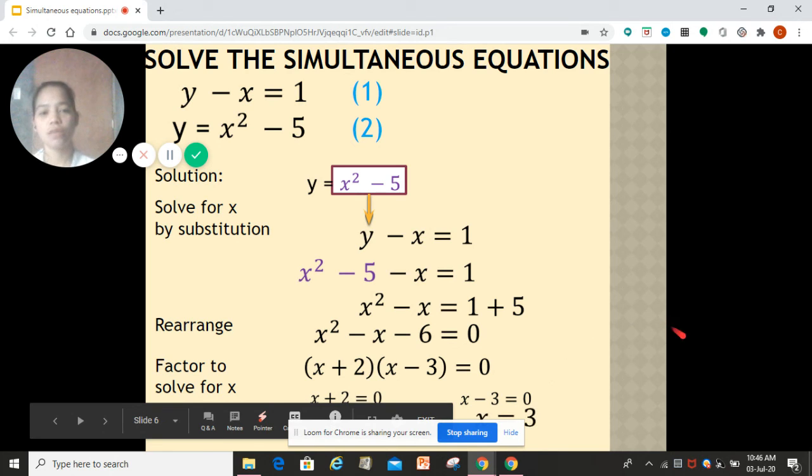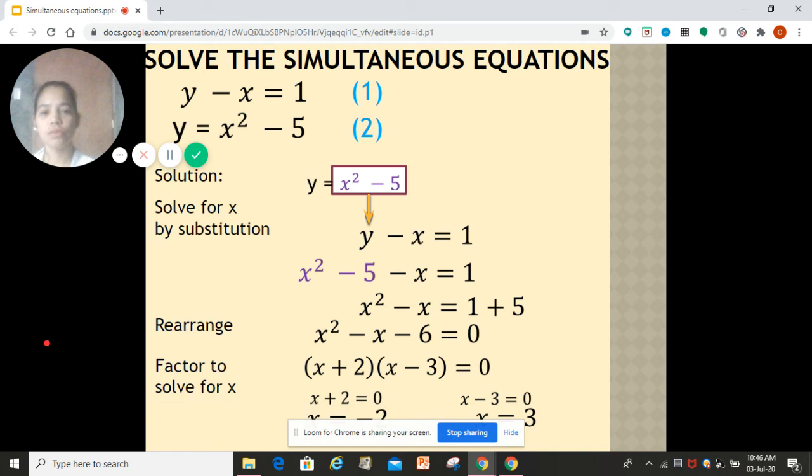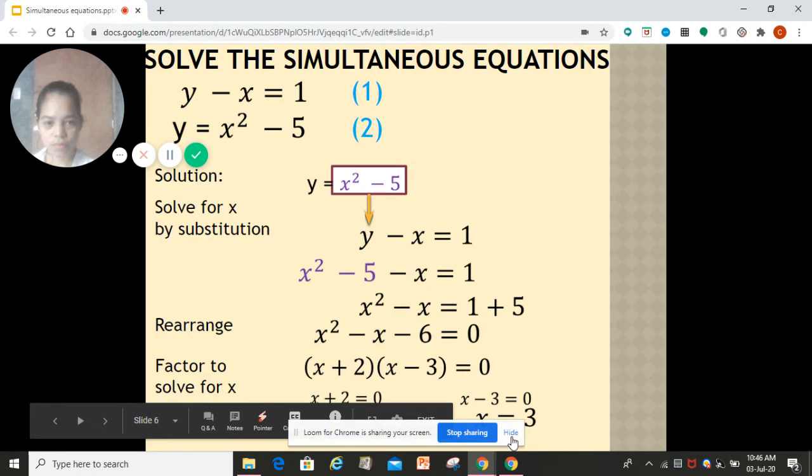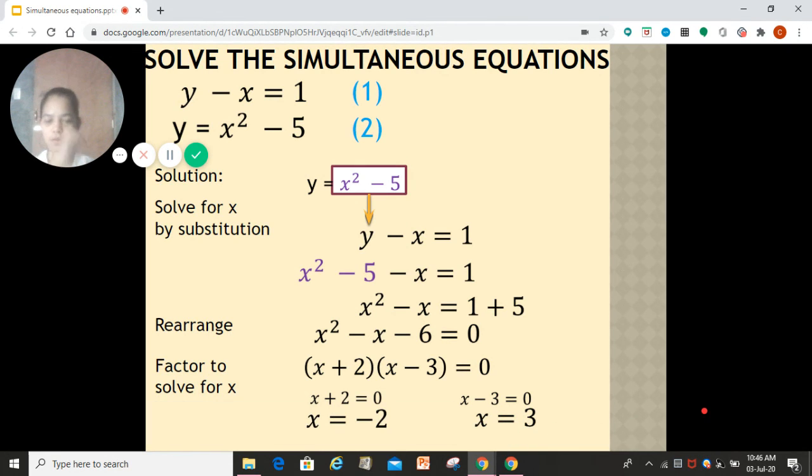And what we have is x is negative 2 and x is positive 3. Sorry for that. Okay, so we have a negative 2 and positive 3.